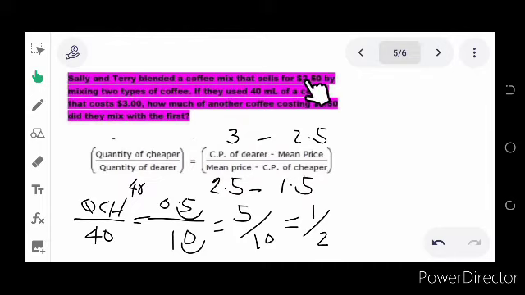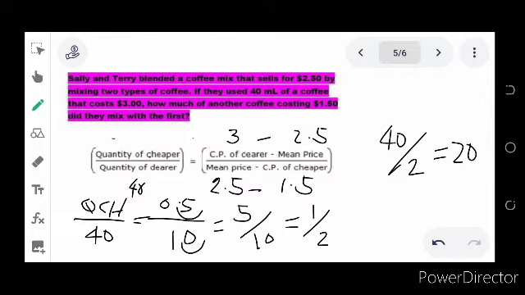the price of $2.50. Now the question is, we are going to find the quantity of the cheaper because you're asked for how much of another coffee costing $1.50. So all we have to do, since that is 40 there, 2 parts is 40. So notice that if you have 2 parts, you get 40. So to get 1 part, you just have 40 divided by 2, so that becomes 20.